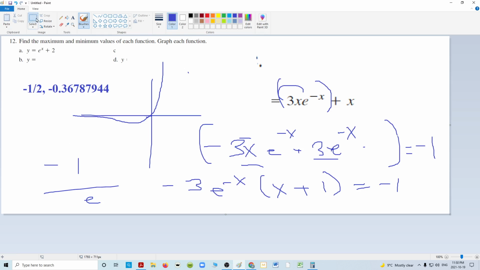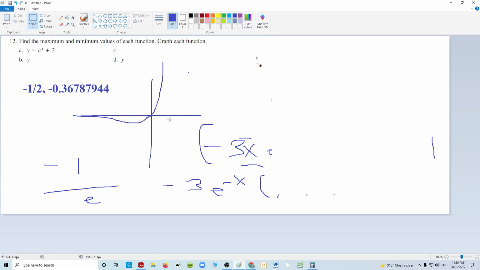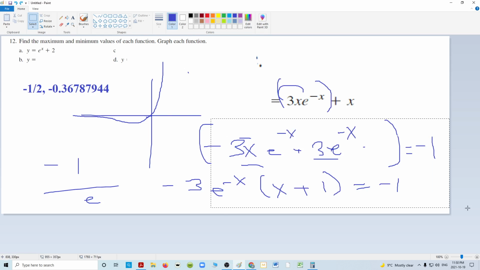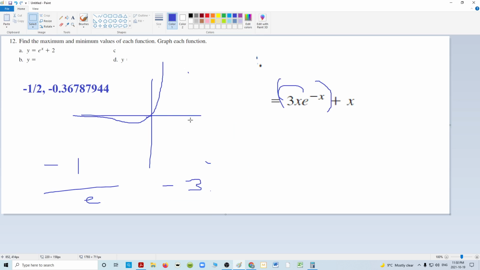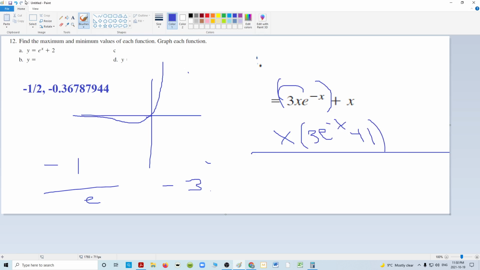Let's go back to the original function and take an x out of it. We're left with 3e to the minus x plus 1. This is now the product rule, might make it a little bit easier. So what's the derivative of that? Just 1.